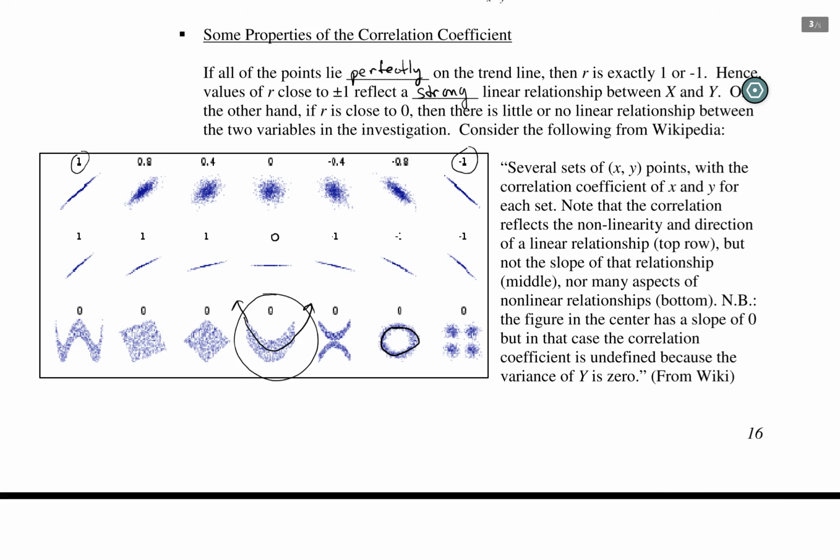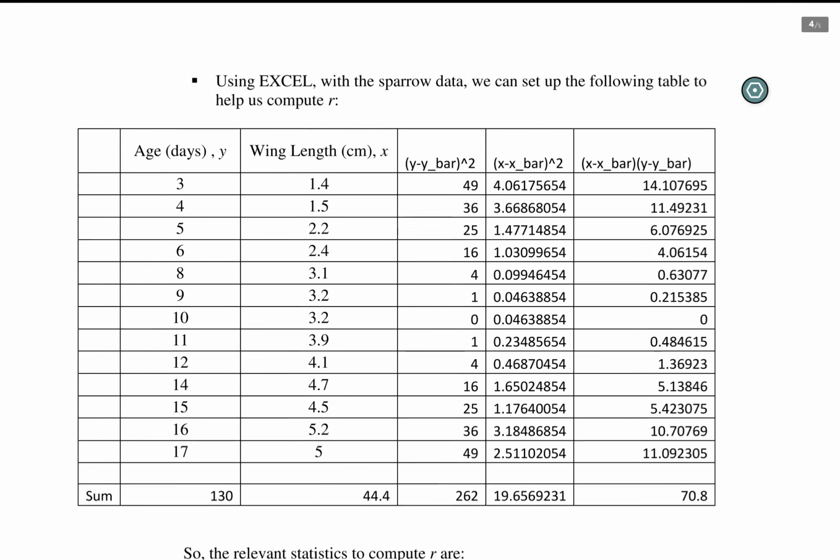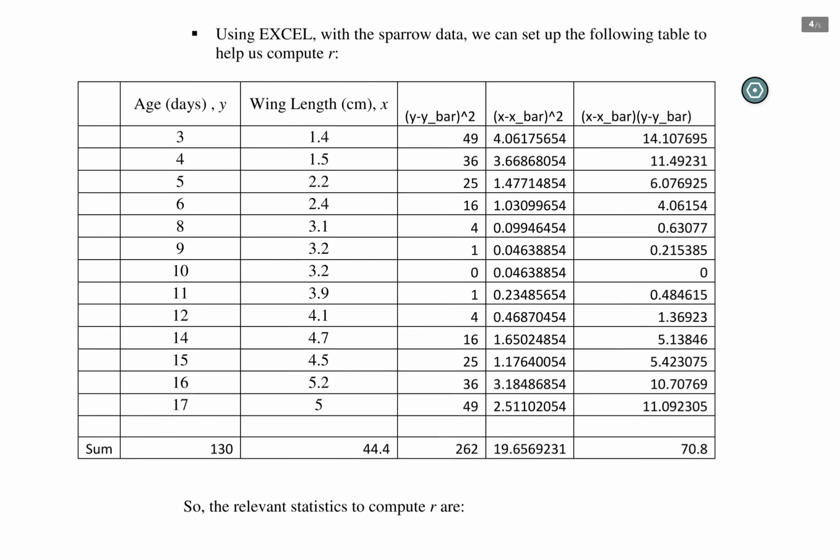Alright, so moving on here, if we are dealing with this sparrow data, I can use Excel, which is a powerful thing, even to do some basic statistical analyses. Here's the original data, the age and the wing length. And within Excel, I got it to compute for me the square deviation in the y's.